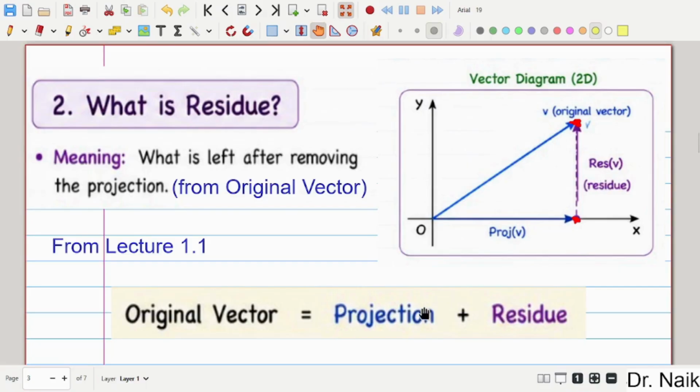Remember that projection means cast the image or show the image on the surface. This is our dictionary meaning of projection. In machine learning, projection means map vector on the surface.